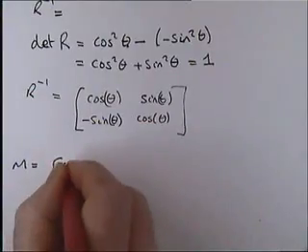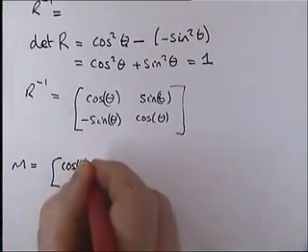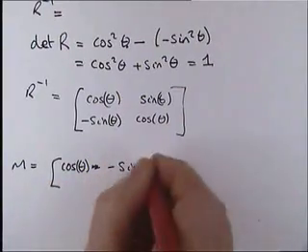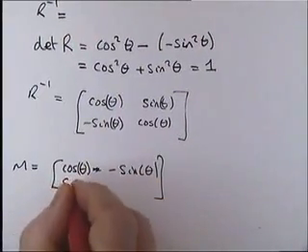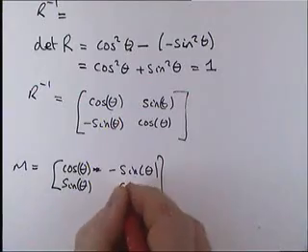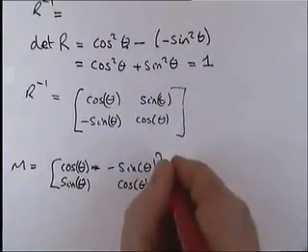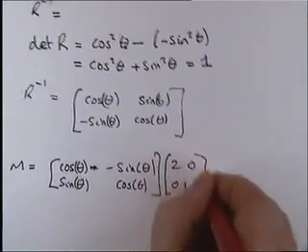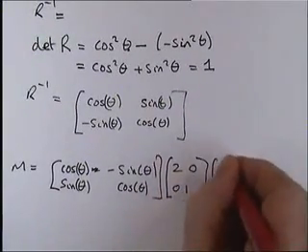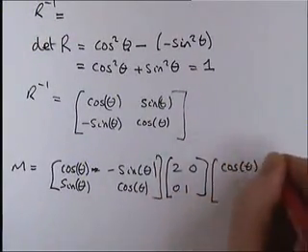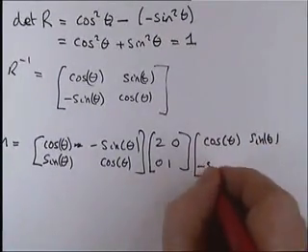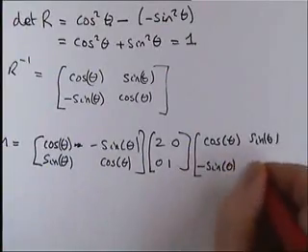So we've got to work out cos theta, minus sine theta, sine theta, cos theta, multiplied by 2, 0, 0, 1, and then by cos theta, sine theta, minus sine theta, cos theta.